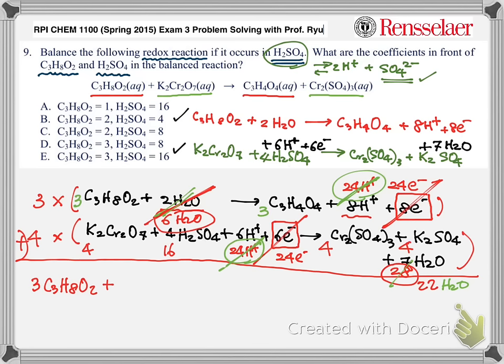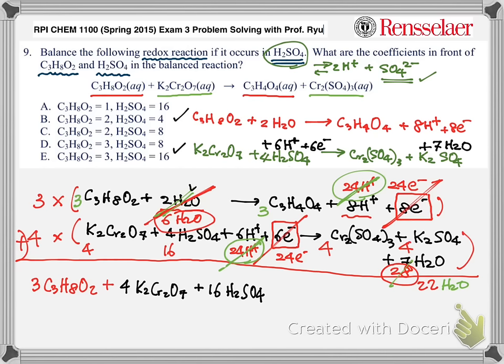So going back, now you end up having 4K2Cr2O7, and this one you got 16H2SO4.